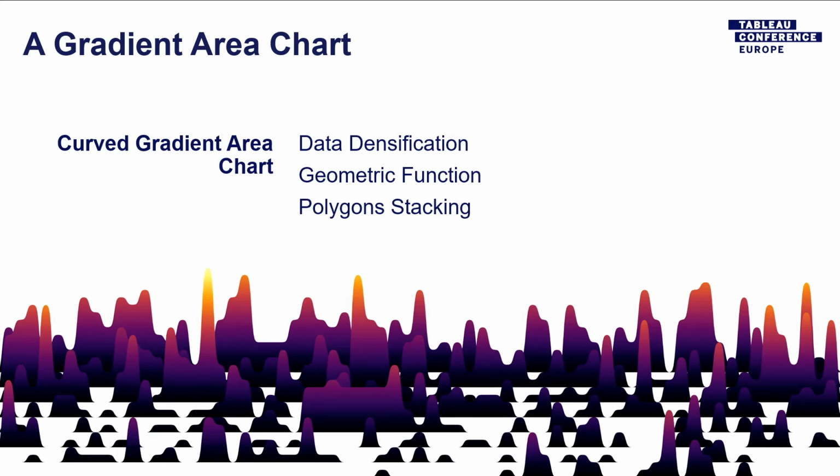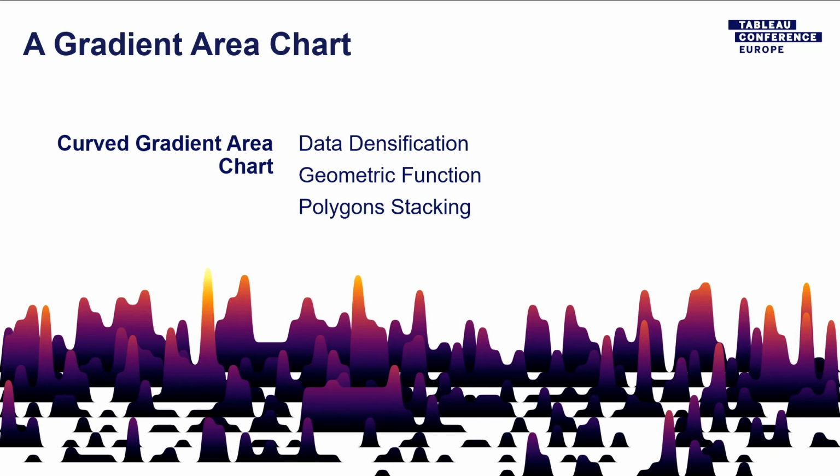Okay, 5 minutes. So let's talk about another thing I did. I created a curved gradient area chart. It's not about the chart itself, but how I applied the techniques we saw before to do something new. So I use here data densification, geometric function, we can already see the sigmoid, and what I call polygon stacking.